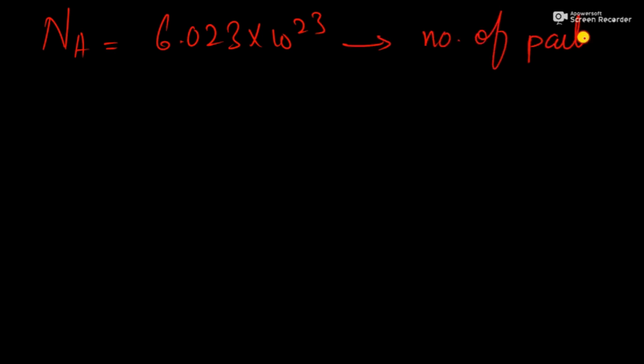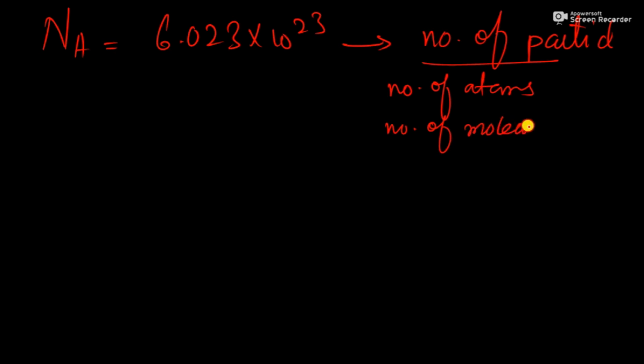Number of particles may mean the number of atoms. If you find moles in atoms, the Avogadro number tells about the number of atoms. It can also tell about the number of molecules if you are talking about molecules, and then it can tell about the number of atoms as well.